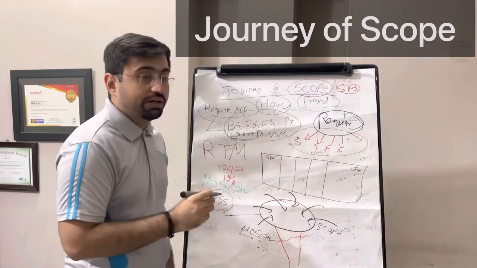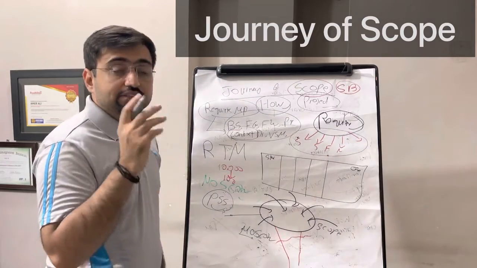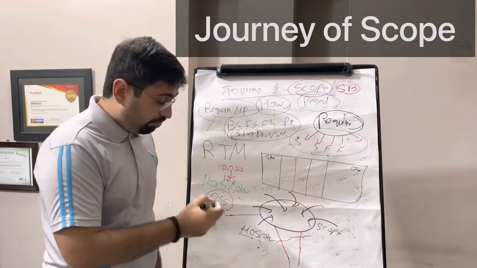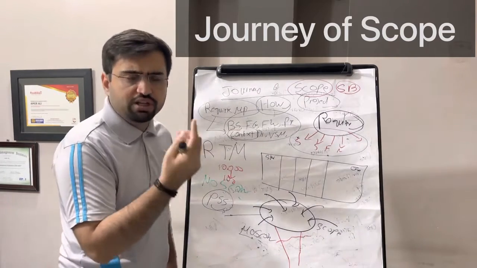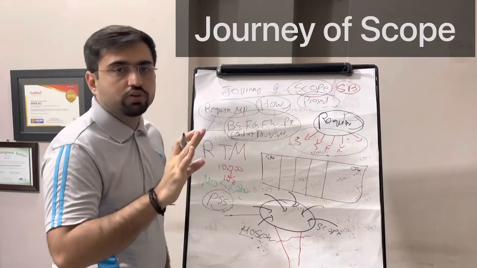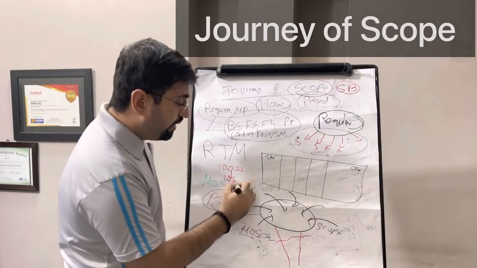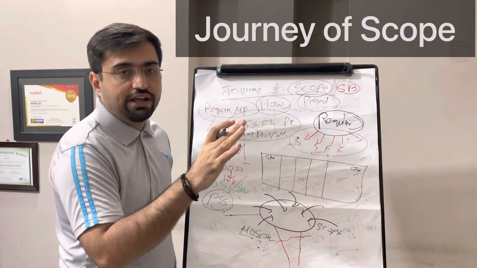Now this is the document that will have everything in the project. Everything that you are going to make must be present in this project scope statement, along with assumptions, constraints, and anything that is not present, that you are not going to make. So it makes a boundary: what is included, what is not included, assumptions, constraints, everything.